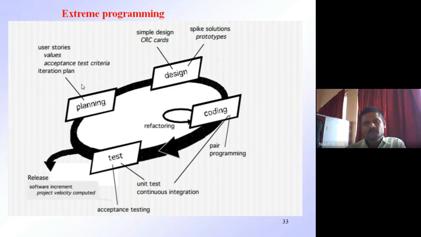So these are the stories. After writing the stories, your user will assign some values depending on business need. Business need means which story or which features he wants initially or urgently in his product. So based on that, your user will assign values to the stories.